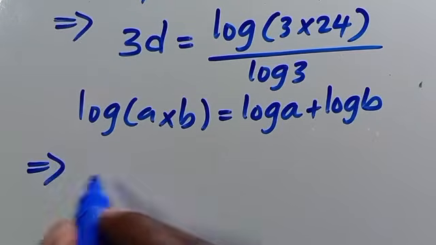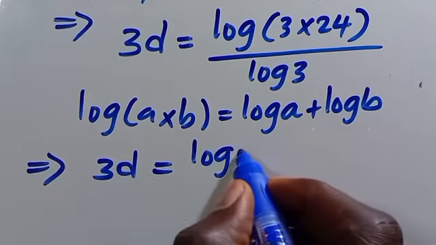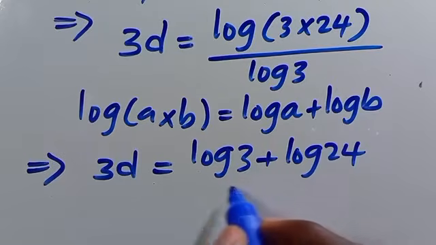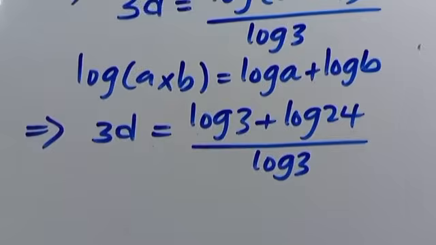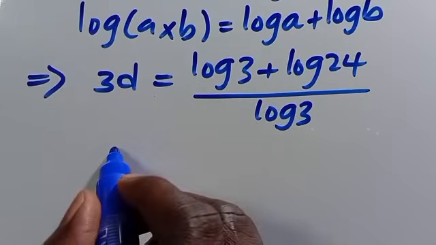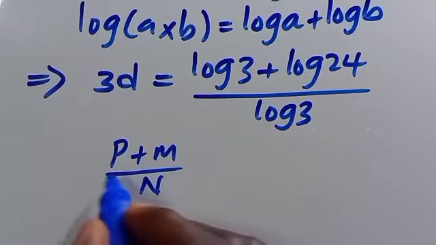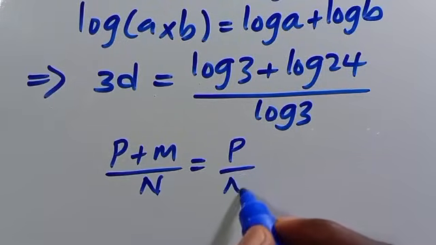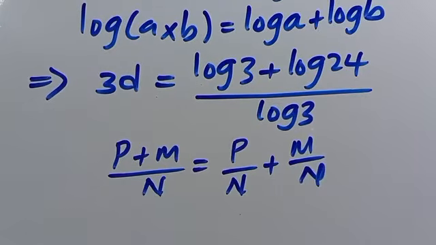So from here we have 3d equals log 3 plus log 24 over log 3. When we have a parameter p plus m over n, such that p, m, n are constants, we can have this as p over n plus m over n.